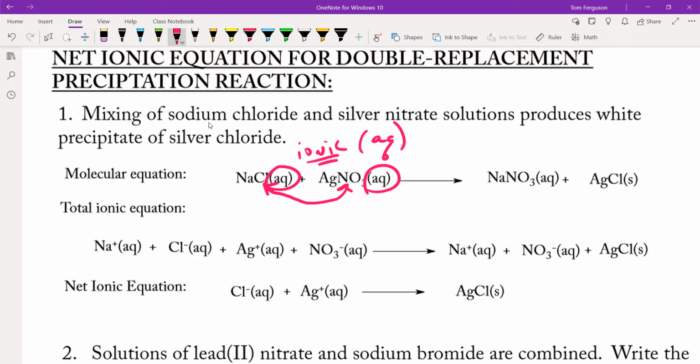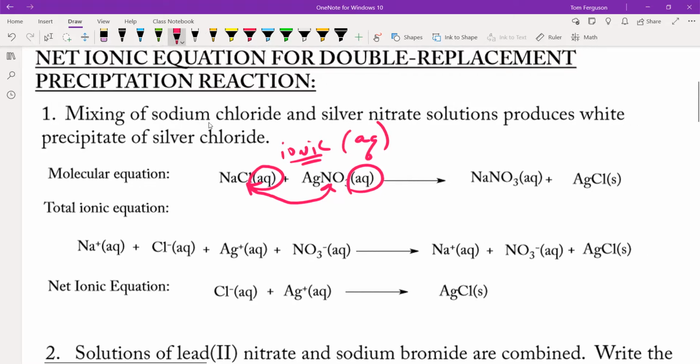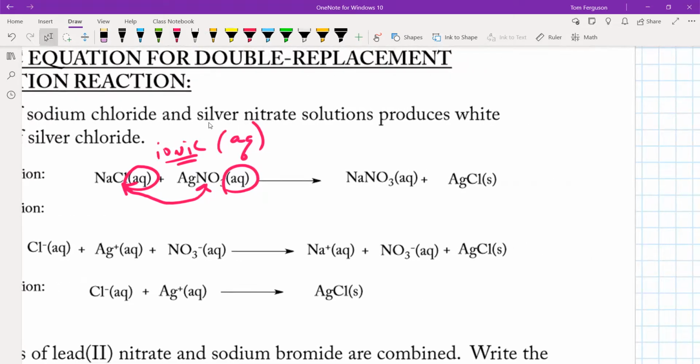Okay, so then you have to analyze whether the new combinations are soluble or insoluble. If they're insoluble, they'll form a gas, liquid, or solid. So notice here, there's an S there, meaning that when we look at the combination of silver plus chloride, it's a solid.